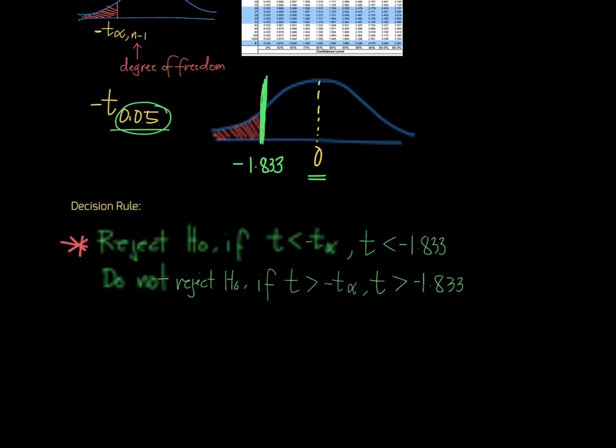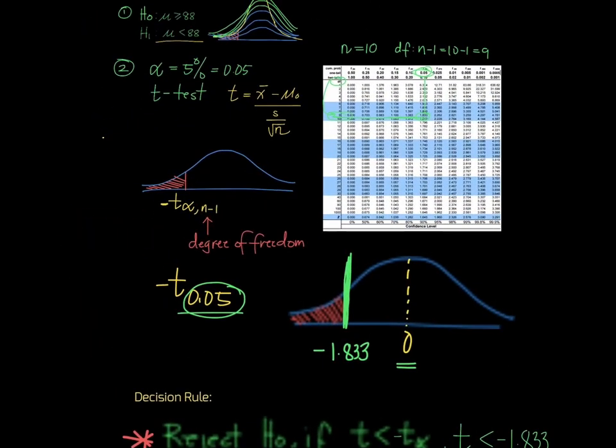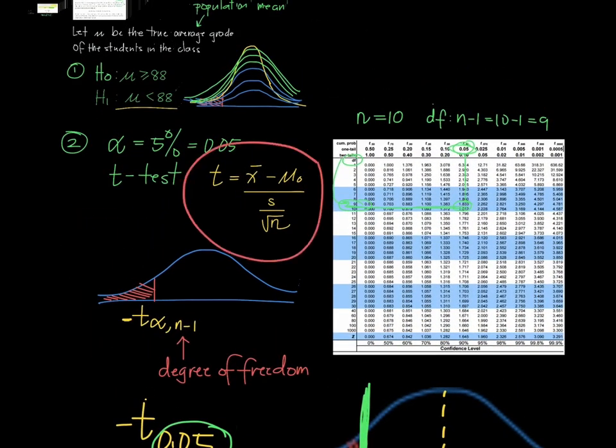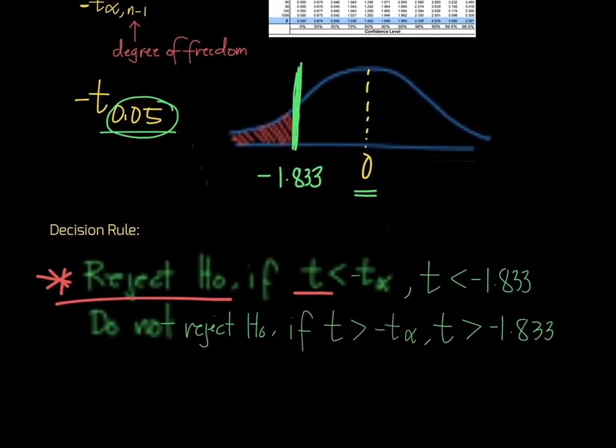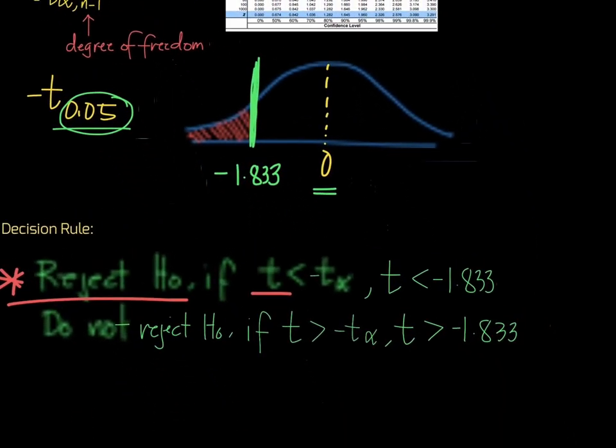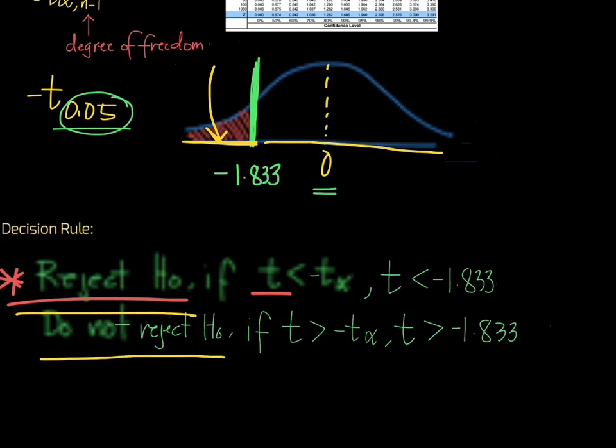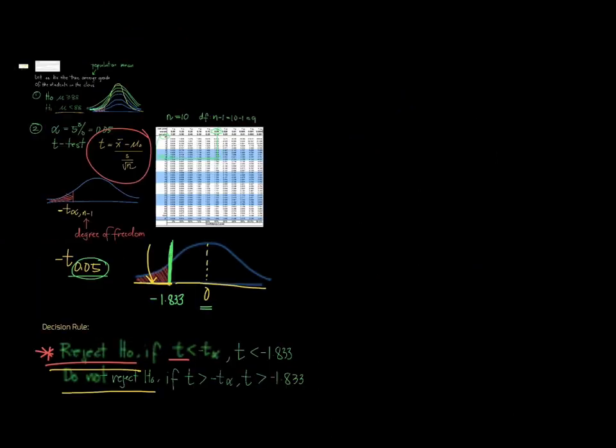We will reject the H0 if the T that we calculate from the T formula is less than negative t of alpha, or less than negative 1.833. That means the number will fall under the critical region, so we have to reject H0. Otherwise, if the number is higher than the critical value, negative 1.833, then the corresponding decision must be do not reject H0.